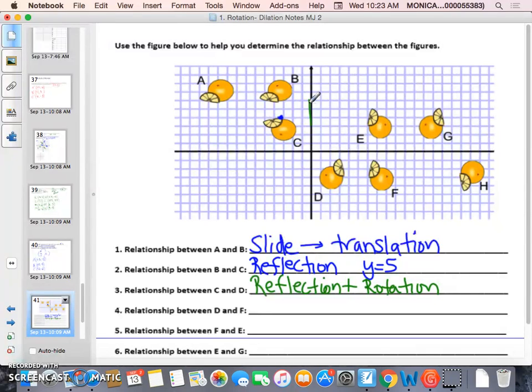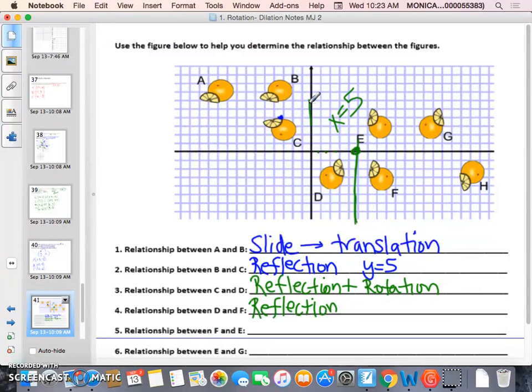Okay. And then we're back to D and F. Clearly, if I drew a line right through here, I can see that there's definitely a reflection here. And you can notice that in the picture because it's exactly opposite each other. And if I wanted to define this line of reflection, I would look at this point, and I would notice that it's on the x-axis, and x equals 1, 2, 3, 4, 5.